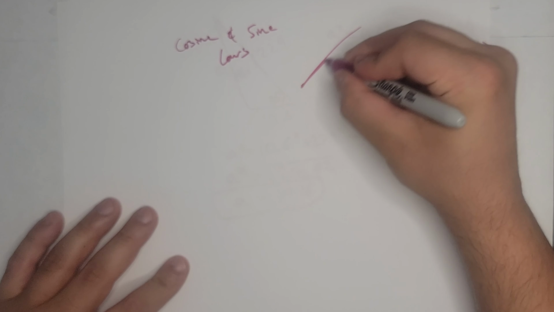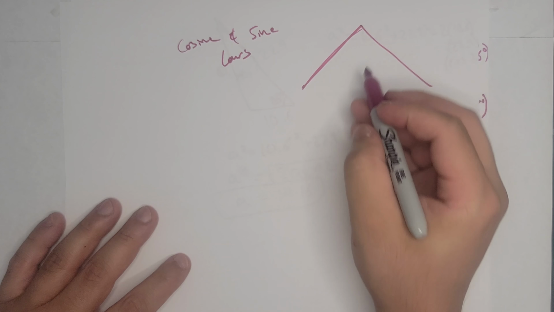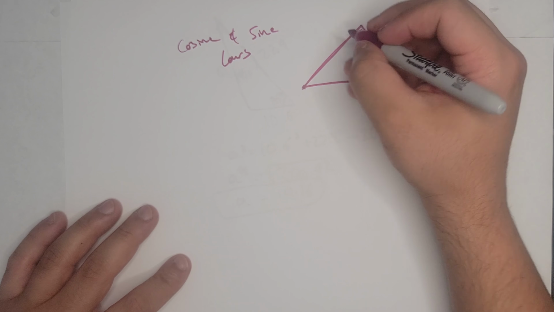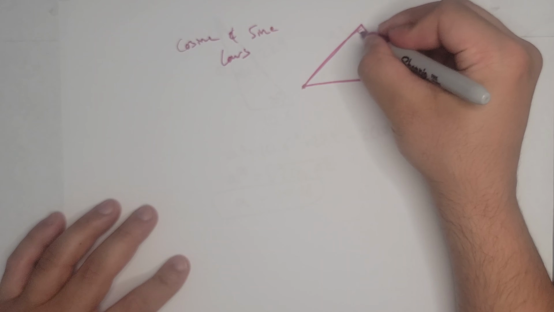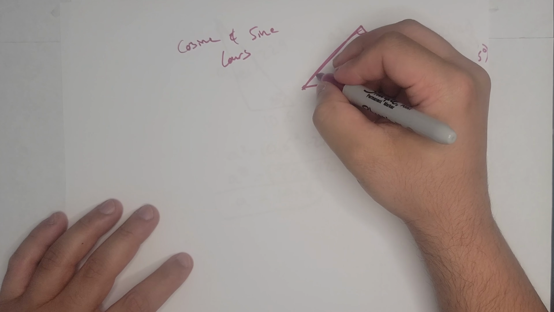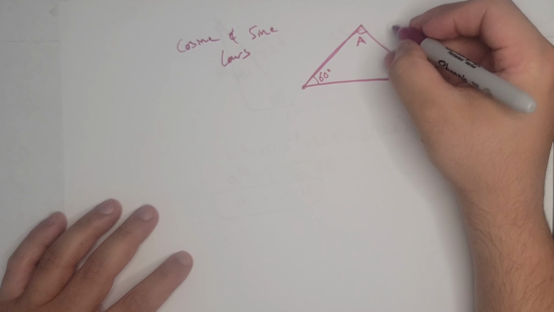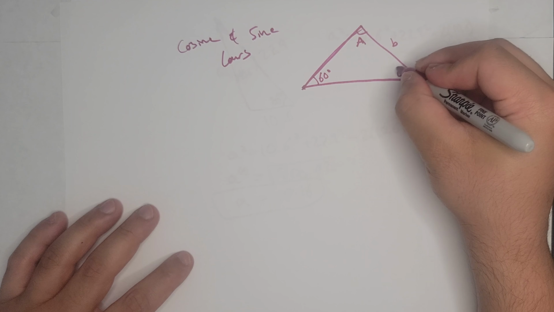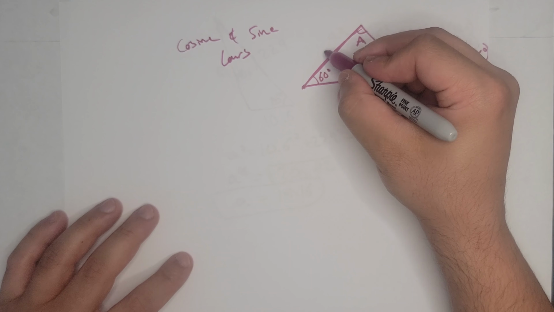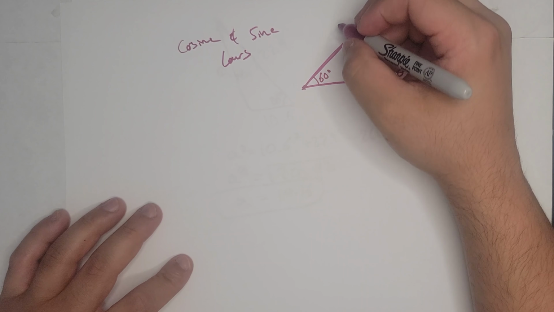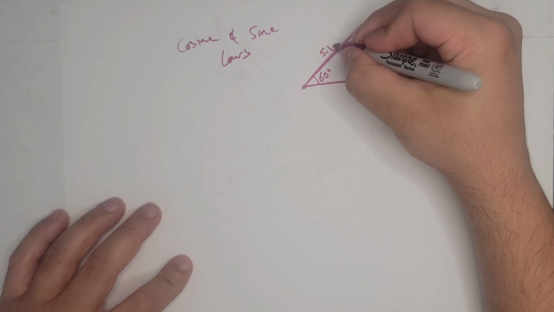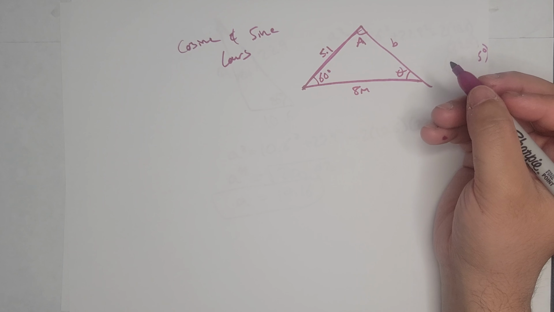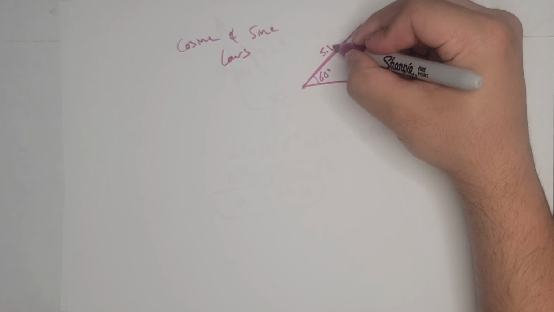Say I have this triangle and I have angle A 60 degrees, but B, so that's capital B, I have this theta here, and I have C, which is also equal to 5.1, and this is equal to 8 meters.